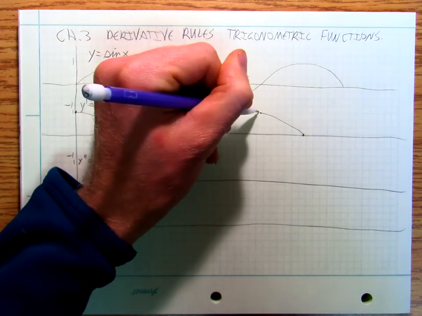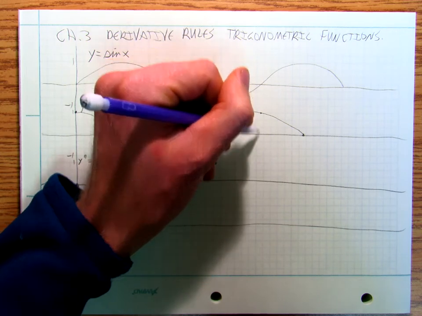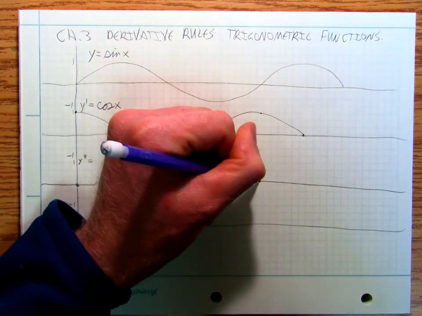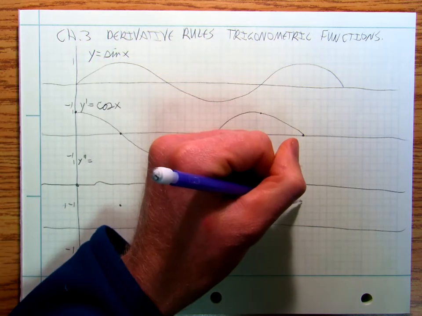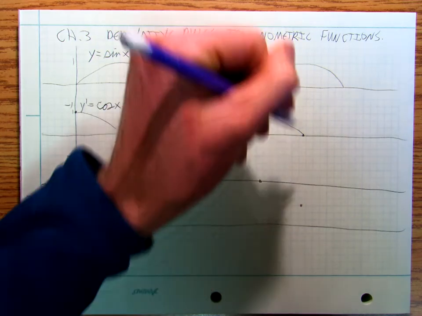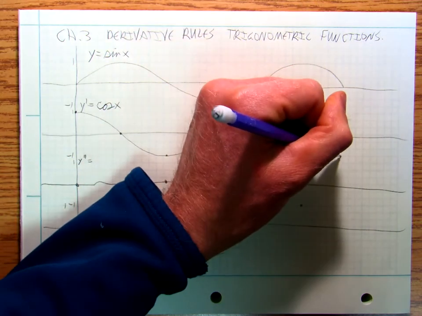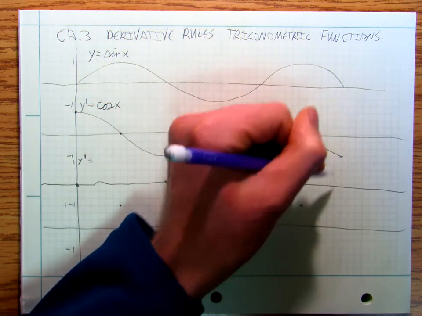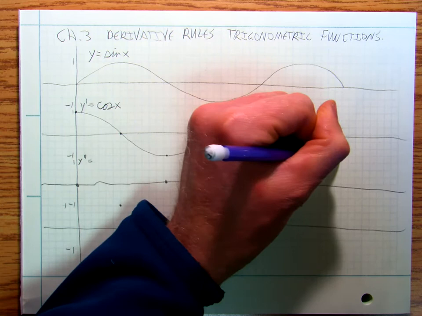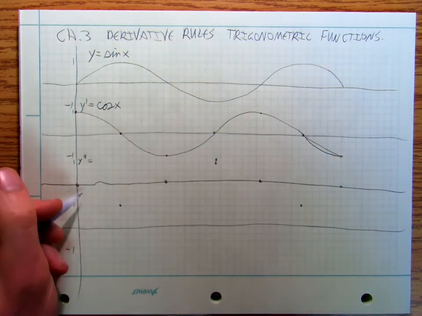Right there is where it should have a slope of 0 if I didn't shift it over. And right there, it's got a slope of negative 1. Let's pull that out over there. And that's got a slope of 0 right there.